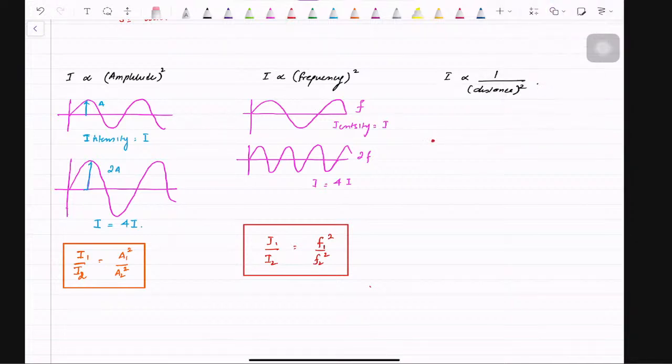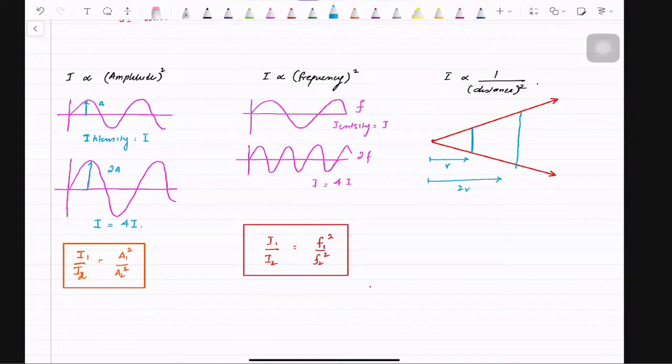Light basically spreads evenly like this. If you go twice the distance away, then obviously the light is going to spread even more. So the area is getting bigger, which means intensity is getting smaller.